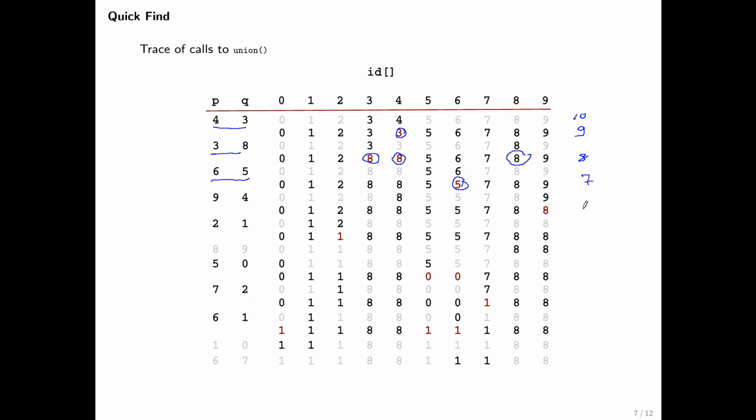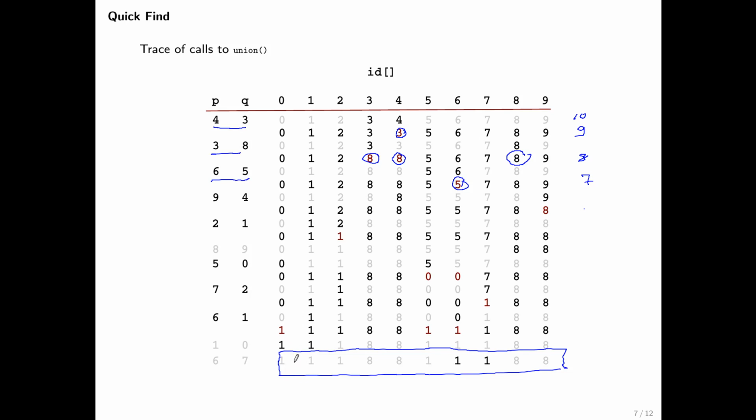And we keep doing this until we process all the pairs. And finally, this is the state of the ID array, right? And just by looking at it, we should be able to tell how many components we are left with, right? So how many different values do we have here? Well, we have 1 and 8, right? Which means that there are 2 components.